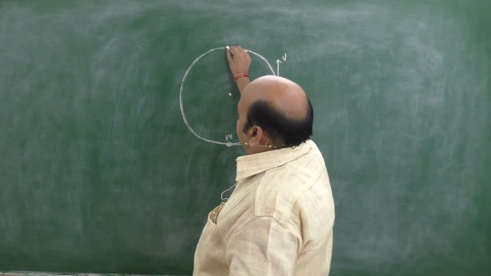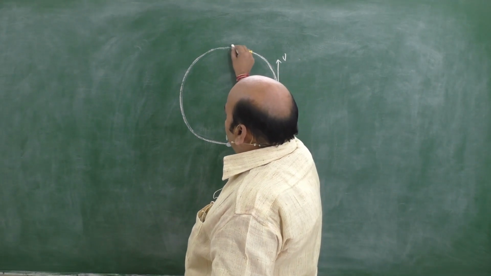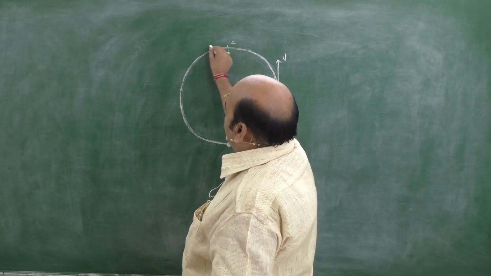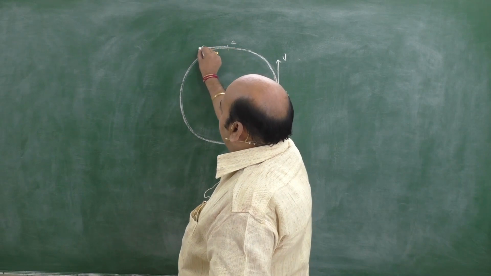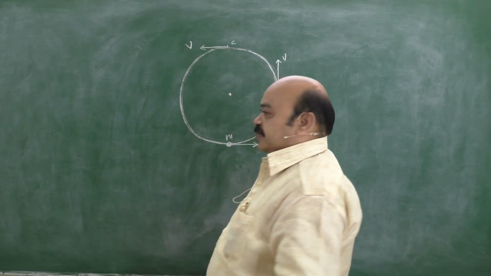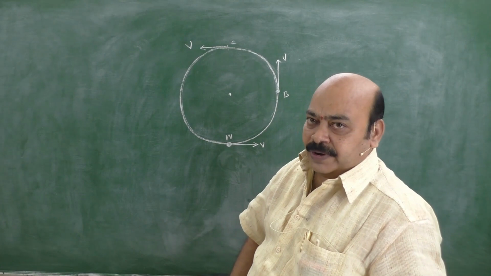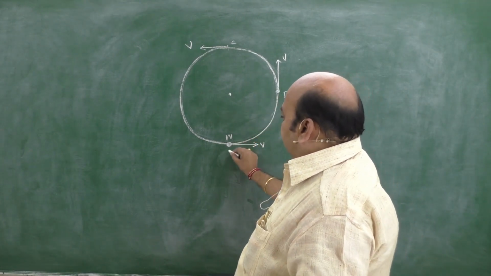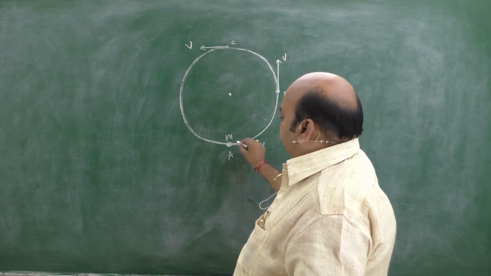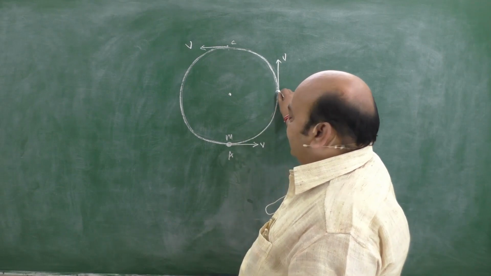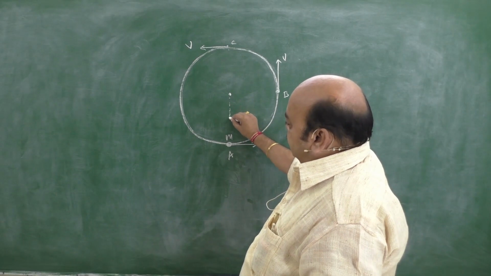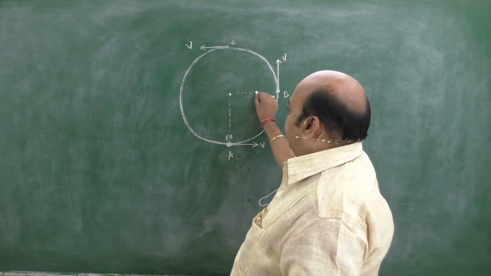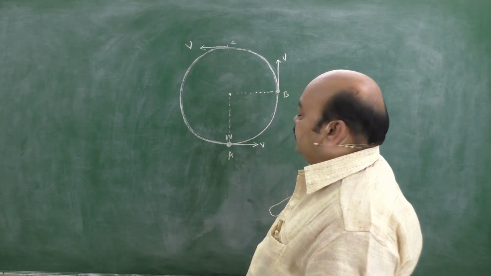And when it is at the point B, its velocity is along the tangent to this. For example, here, what is the change in momentum between the positions A and B? This is the radius vector. How are these two acting?